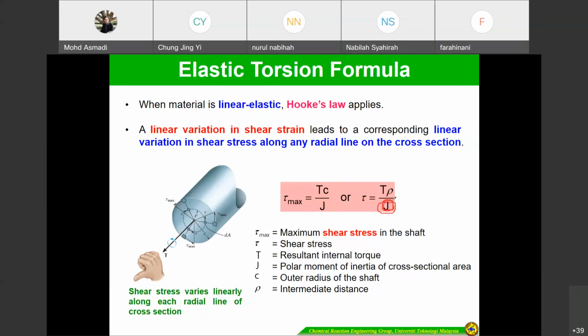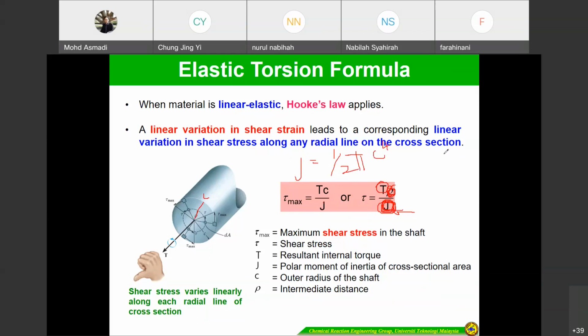This is the symbol that we have to determine first, because from the circular shaft we can know the torsion and rho, but the problem is we have to determine J. So for the solid shaft, J is equal to half pi C to the power 4, where C is the distance from the center.